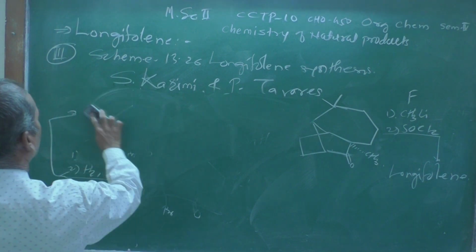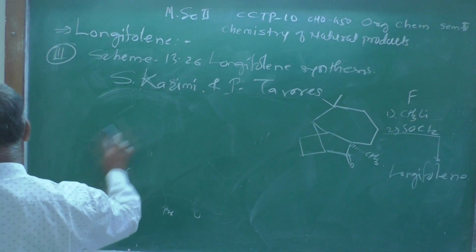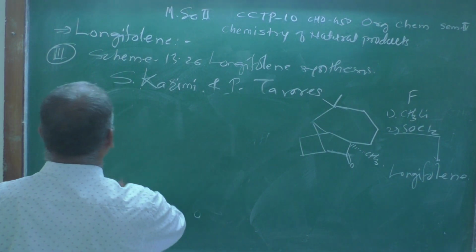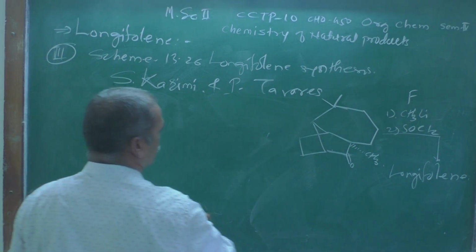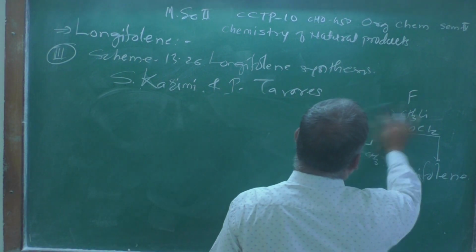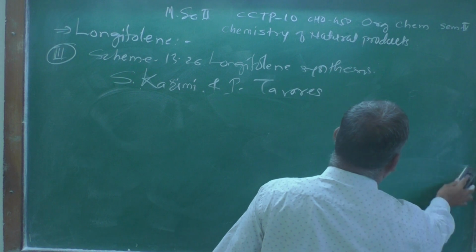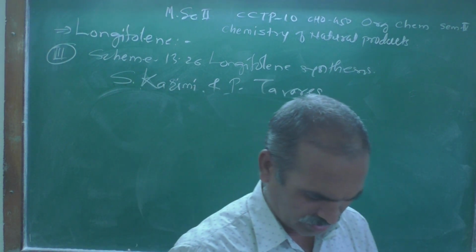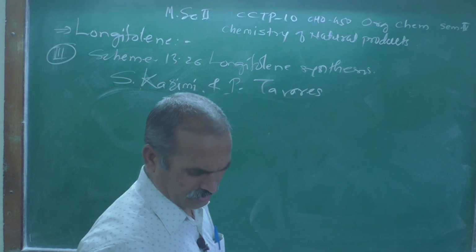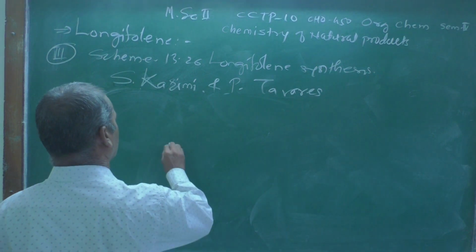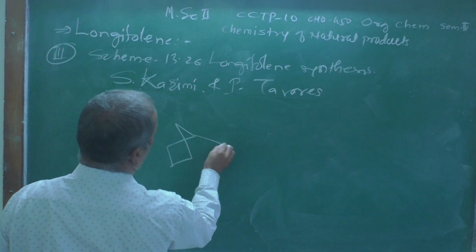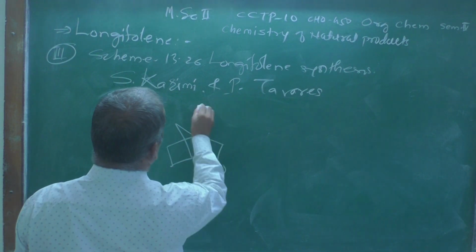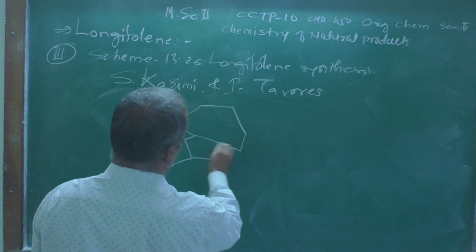This is the intermediate that I am going to show over here. Some of the key intermediates need explanation of how we achieve them, and we are going to discuss them here one by one. This is the structure which we have seen over here.